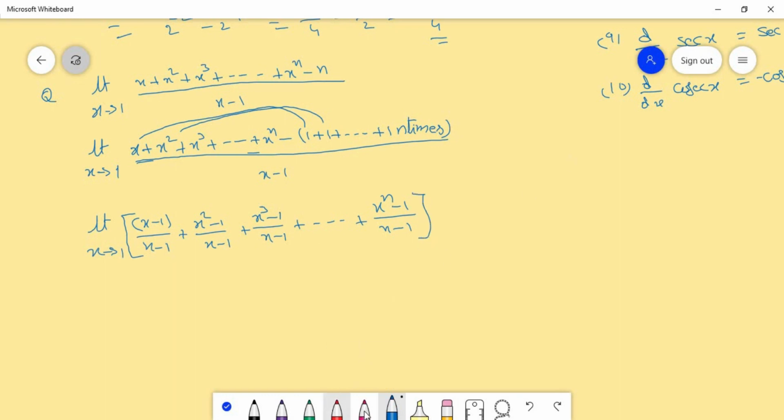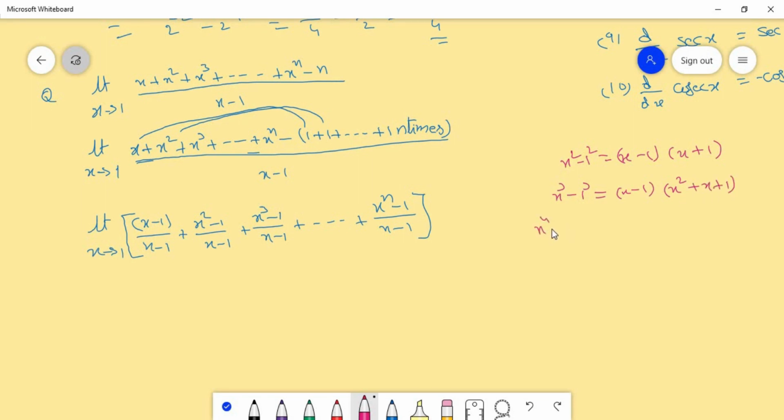Now already you know x square minus 1 square is equal to (x minus 1) into (x plus 1). Like that, x cube minus 1 cube is equal to (x minus 1) into (x square plus x plus 1).